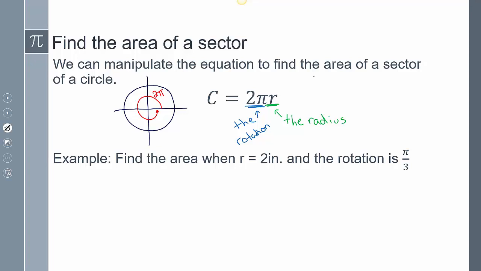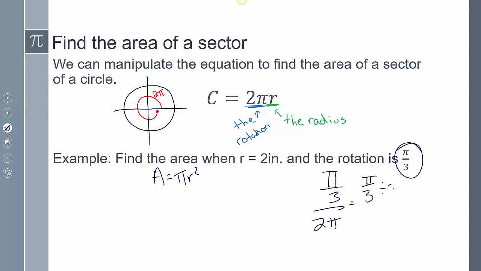So let's look at this one here. I know that my area equals pi r squared. And so if I know that my circumference is 2 pi, and it says I only want a rotation of pi thirds, so pi thirds over 2 pi, which is the same as pi thirds divided by 2 pi.